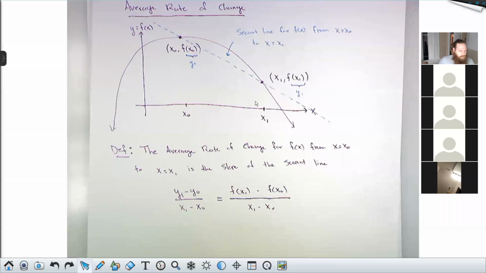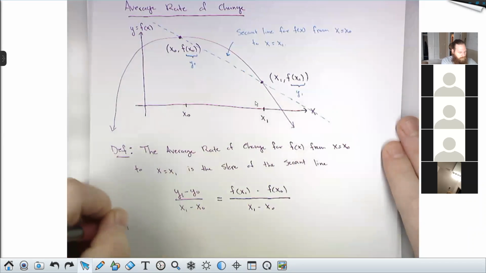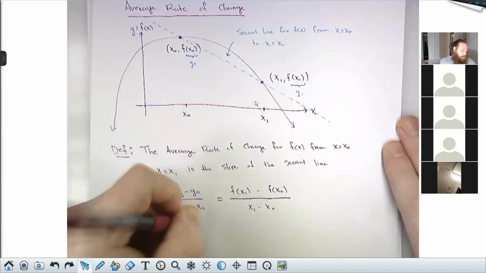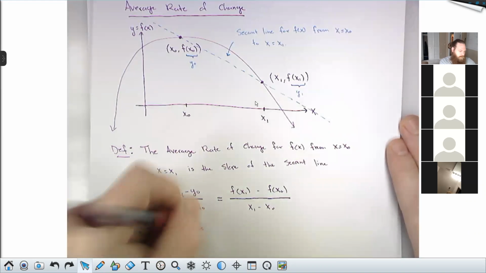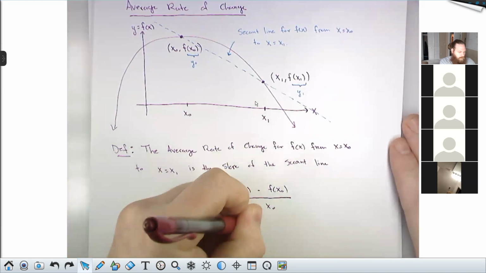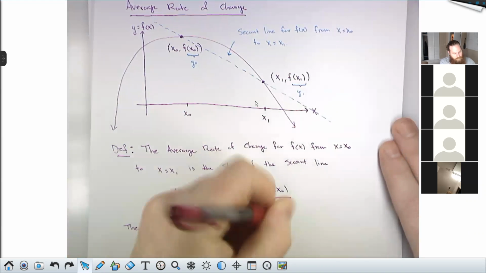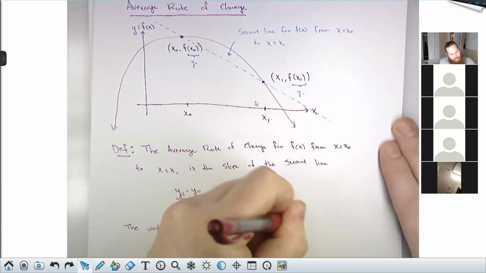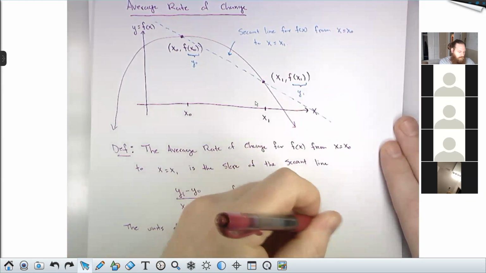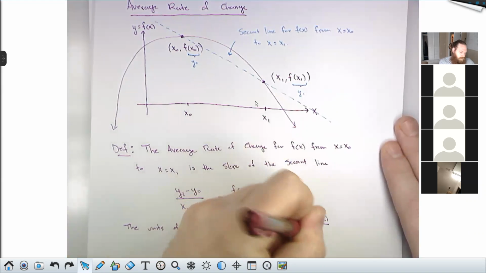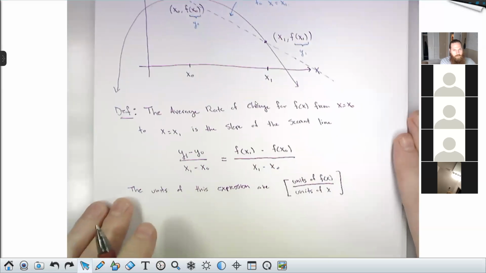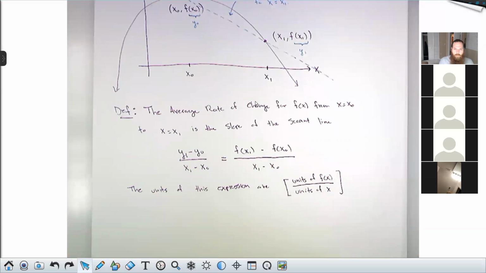The units of this expression are the units of f of x divided by the units of x. And what I mean by units are the thing that's being measured.